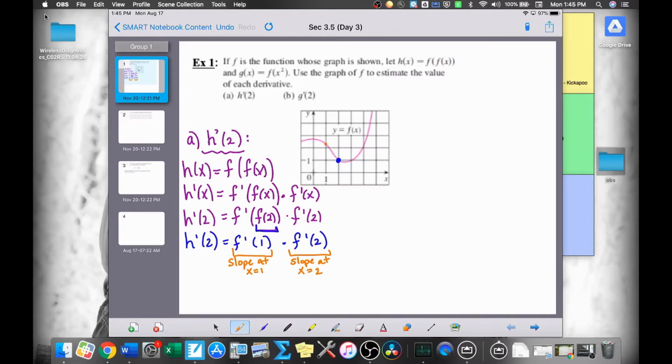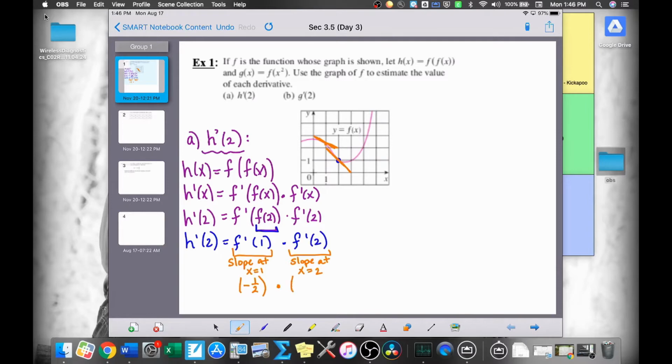And so when I look at the slope of my graph right there, it kind of looks like it's about down 1, right 2. So that would be a slope of -1/2. And when I look at x equals 2, the slope right here looks like it's about down 1, right 1.